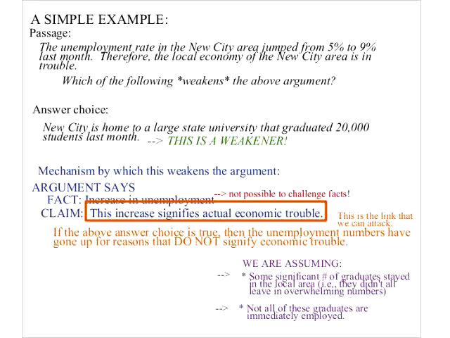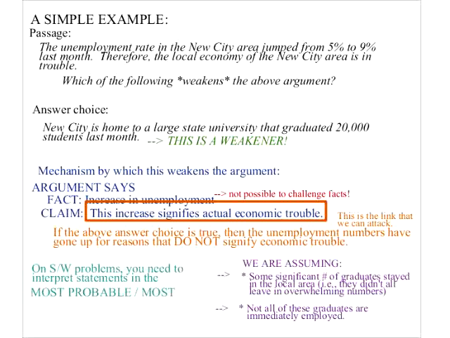So the point here is this, and this is going to come as a shock to people who are used to the kind of thinking that you use on draw the conclusion and so on. But on strengthen and weaken problems, you need to interpret statements in the most probable or most reasonable way, like a common sense sort of way.